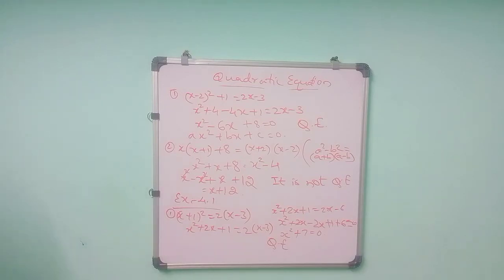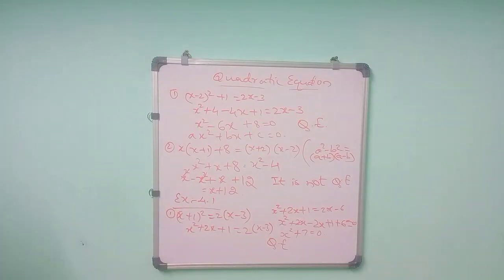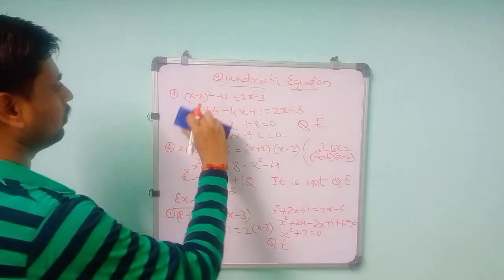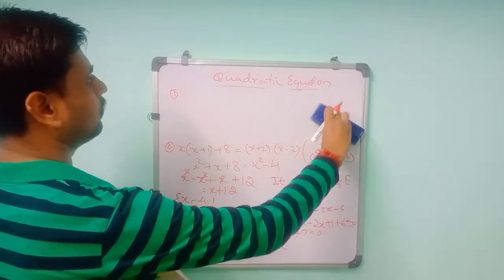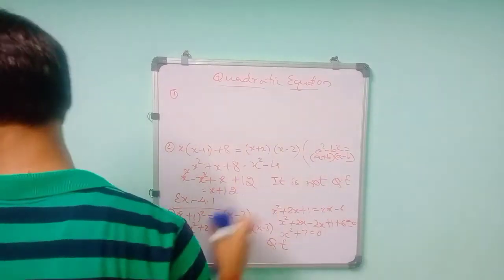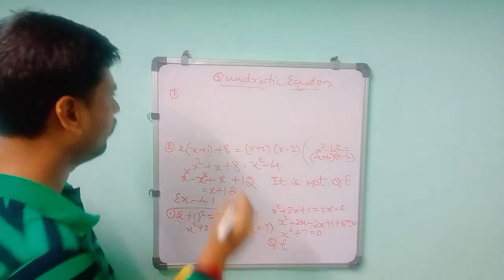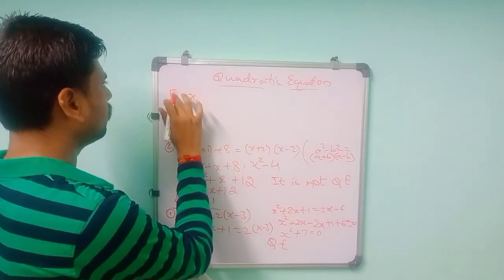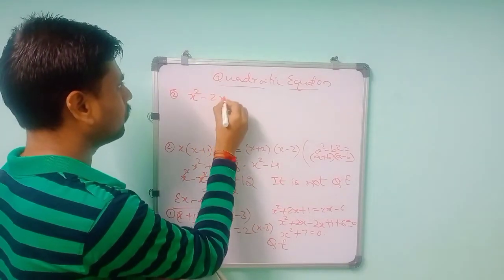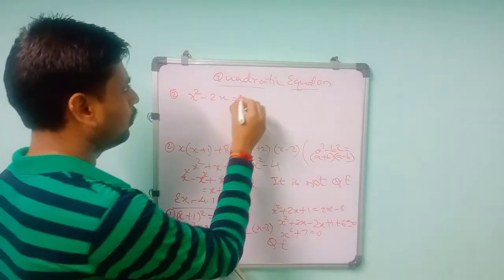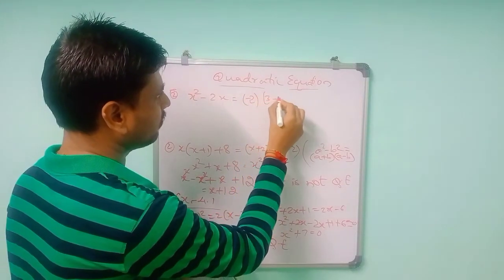Then the second one. They have given x square minus 2x is equal to minus 2 into 3 minus x.